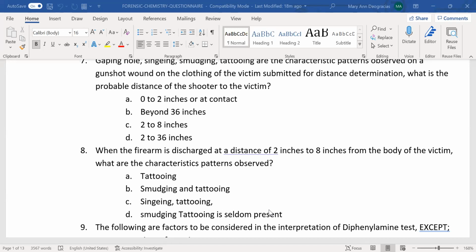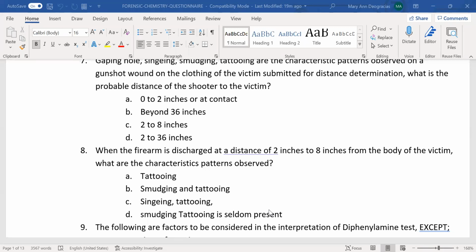If it is 8 to 36 inches, what characteristic can we observe? So only tattooing, okay? Take note. Only tattooing can be seen at 8 to 36 inches.